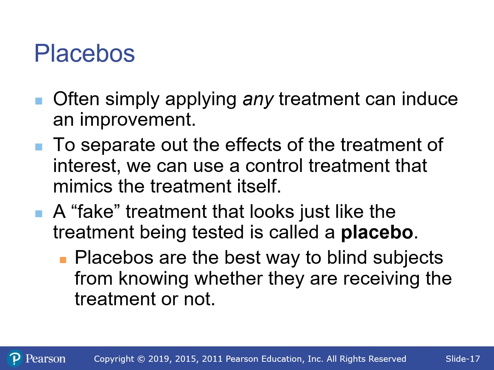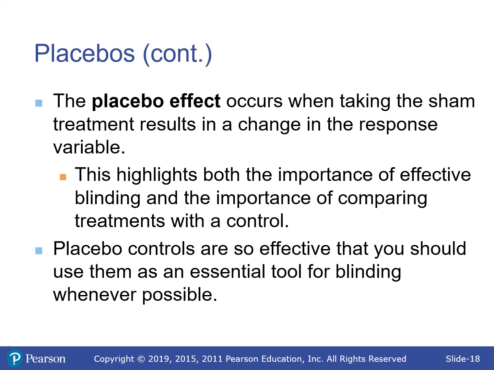And so here you have this medicine A to help a headache, medicine B to help a headache, and the control group gets an unflavored Tic Tac. It's not going to help a headache. There's nothing in there that says it should help a headache. So that just helps to get rid of that psychological impact of taking something and thinking that you should be doing better. That's the placebo effect. That's what we were just talking about.